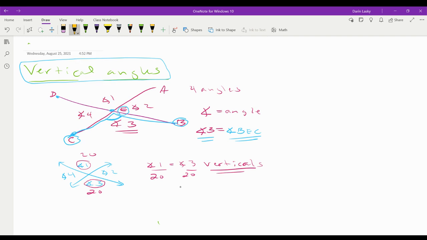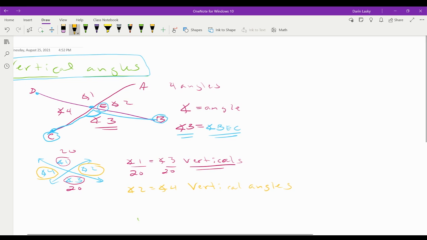Angle 2 is across from angle 4, so angle 2 is equal to angle 4 because they are vertical angles. That's the main idea behind vertical angles: they're equal to each other.